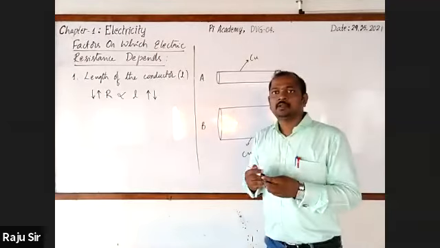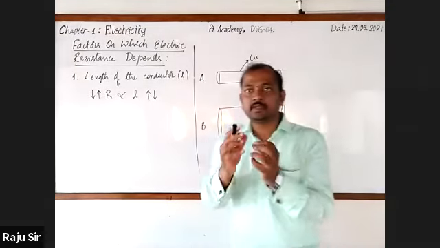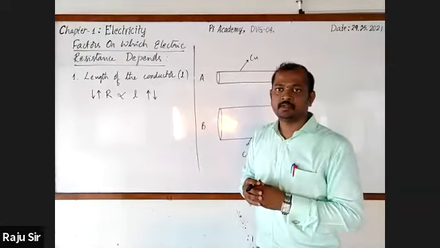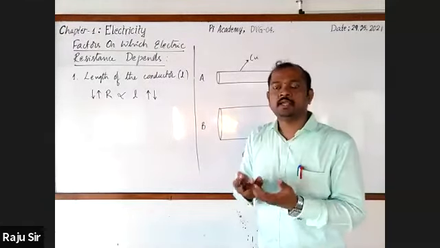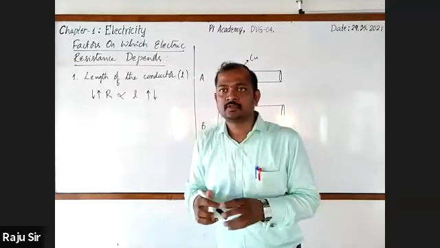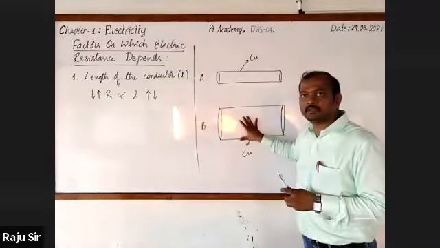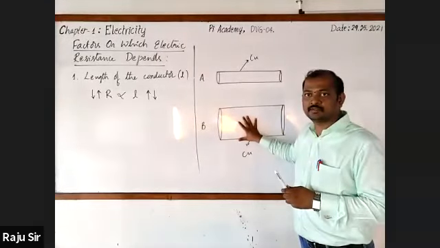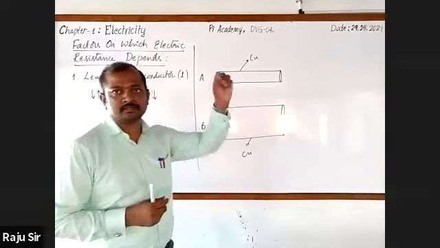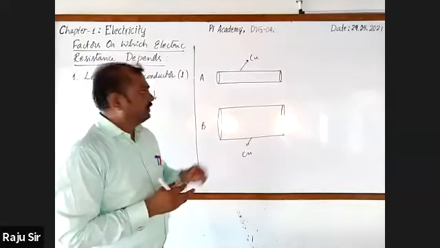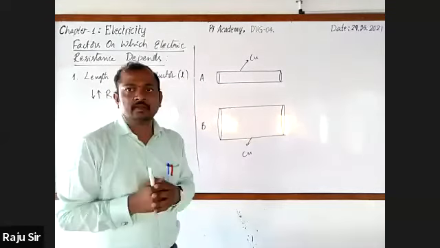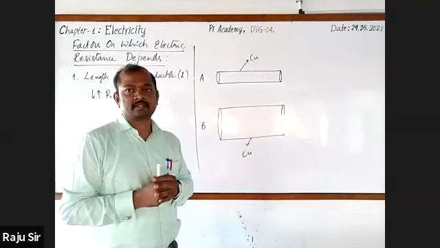Here also, atoms are packed tightly, and electrons will move in the space. And obviously, the electrons will get opposition from the atoms. So both will offer electric resistance. Now, my question is, which of these two will offer less electric resistance?